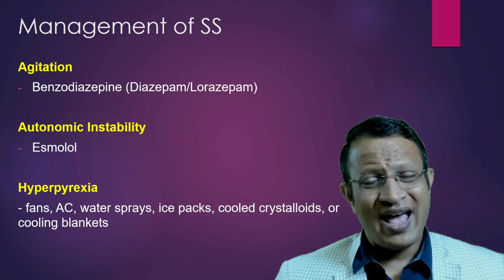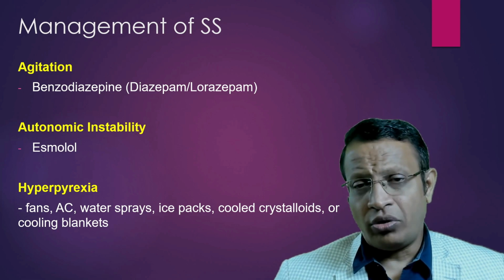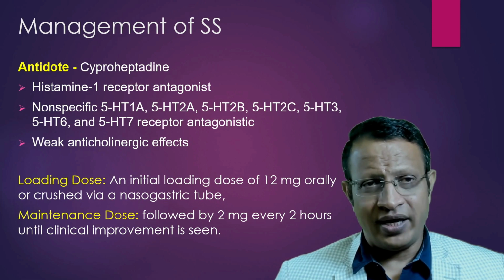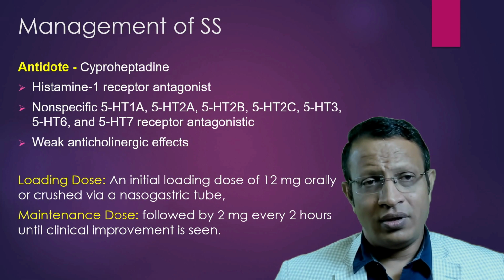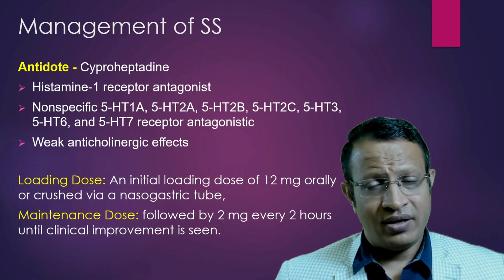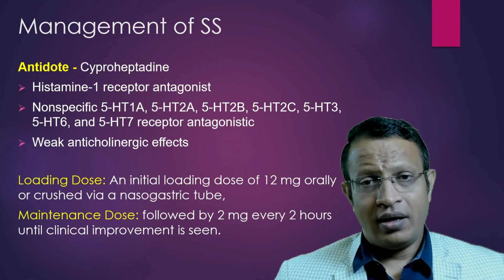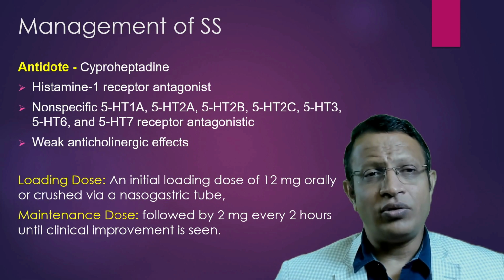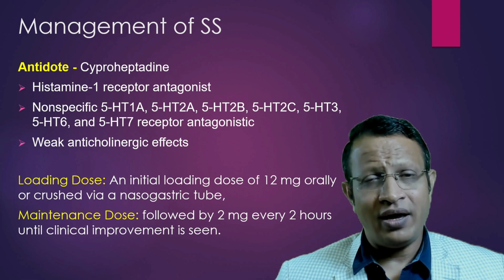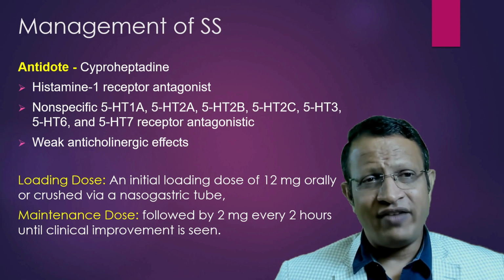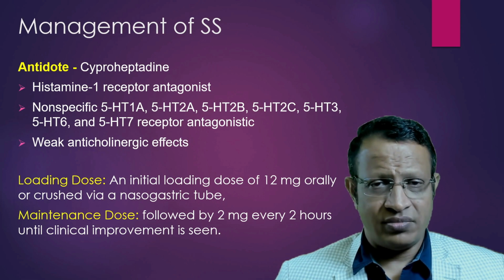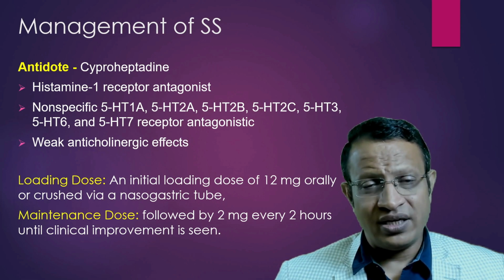However, paracetamol has very little role to play here. Further, the best antidote is cyproheptadine. It acts through histamine 1 receptor antagonism, but the antagonism which is very beneficial in serotonin syndrome is the non-specific blockade of 5-HT1A, 5-HT2A, 5-HT2B, 2C, 5-HT3, 5-HT6, and 5-HT7 receptors. Further, it has weak anticholinergic effects.